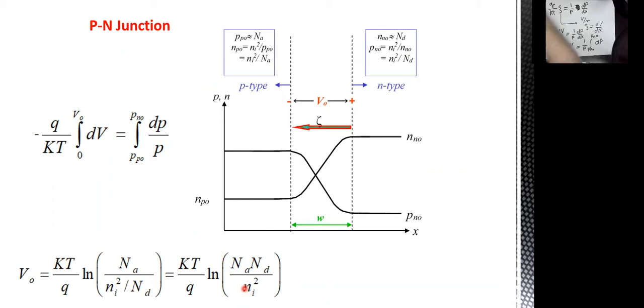If you remember, my dear students, when you were in year one electrical, they told you in the lab that the built-in potential for a silicon diode is 0.7 volts. However, for a gallium arsenide diode, for example, it turns out to be 0.9. Why? Because simply you are changing ni. Whenever you change the intrinsic concentration, I mean whenever you change the material, you should expect the overall built-in potential to change.